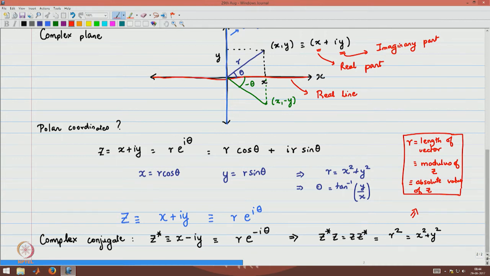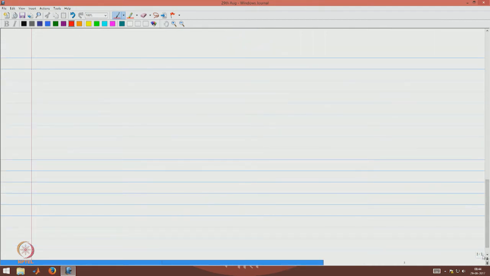Now, let us go to functions of a complex variable. What I have just tried to show is that complex variables naturally fall into the complex plane, and you can describe them either in terms of x y coordinates, which is Cartesian like coordinates, or in terms of polar coordinates.